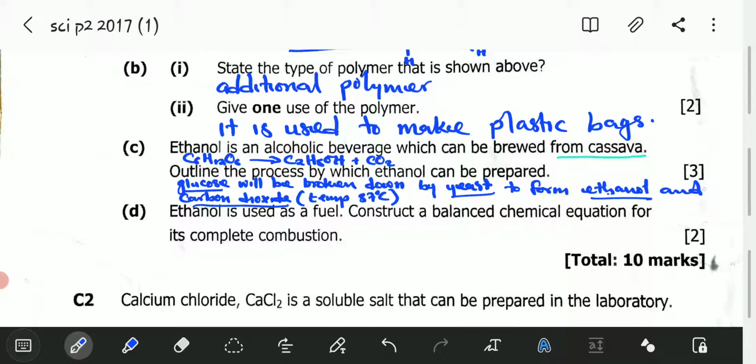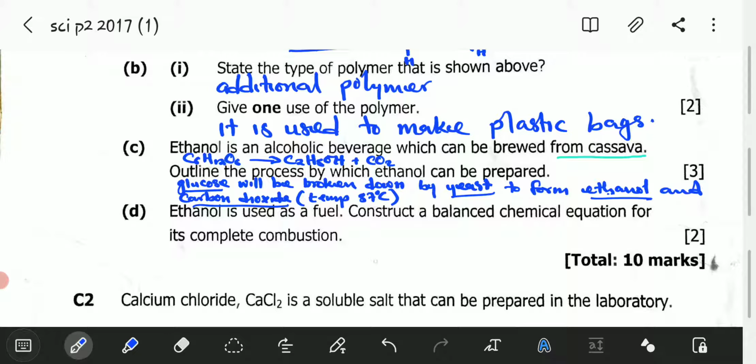All right, so that is about question C1C. Then we go to C1D. Ethanol is used as a fuel. Construct a balanced chemical equation for its complete combustion. Now, complete combustion means that there is adequate supply of oxygen.